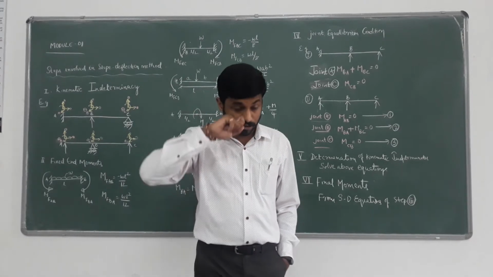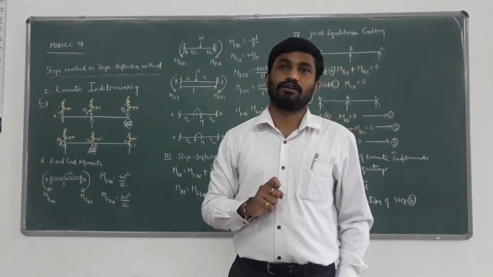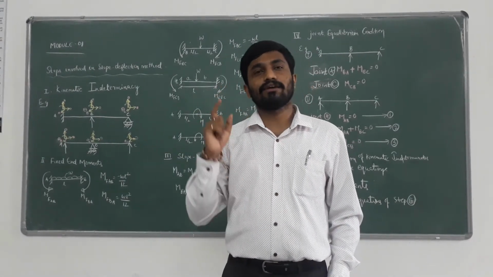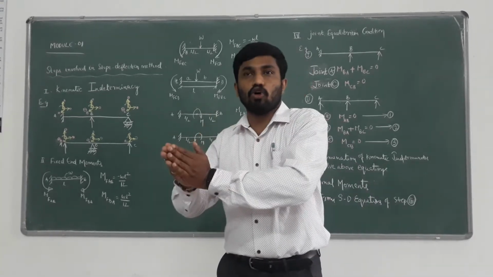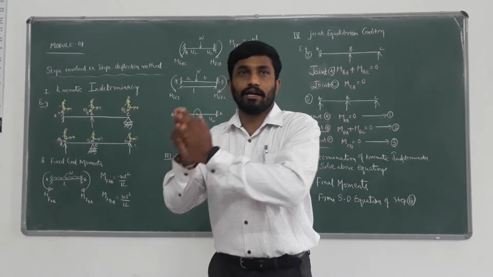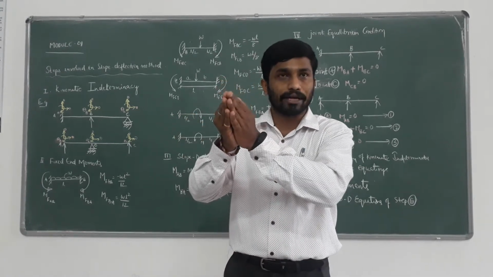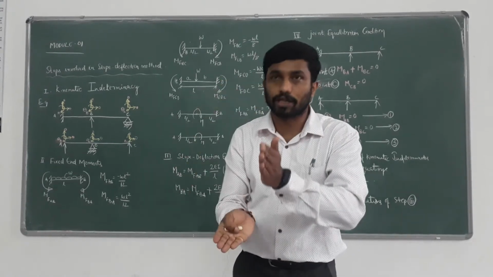We know the feature of fixity. A fixed support is a rigid support. It does not allow horizontal movement, it will not allow vertical movement, and it will not allow rotation.